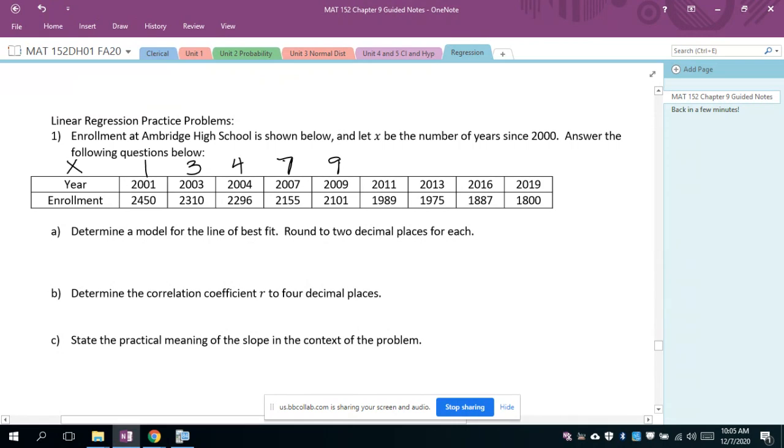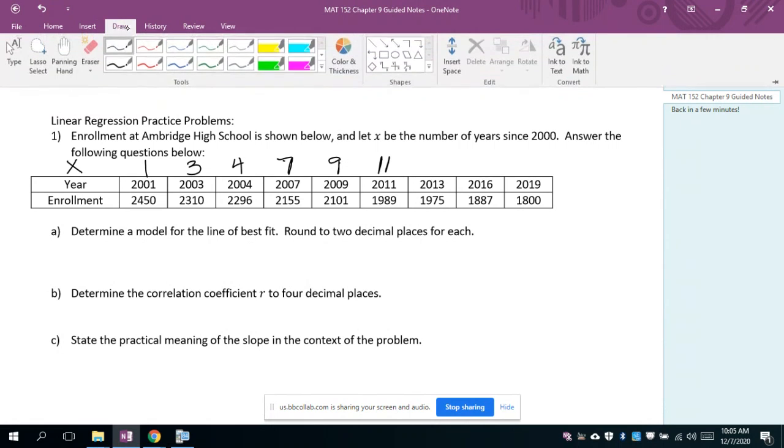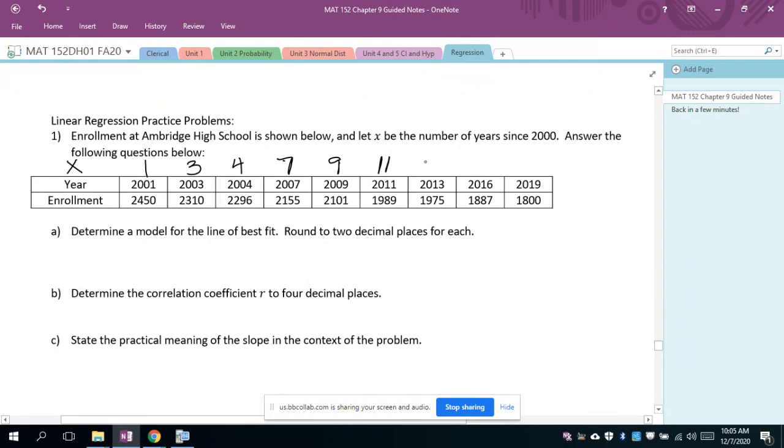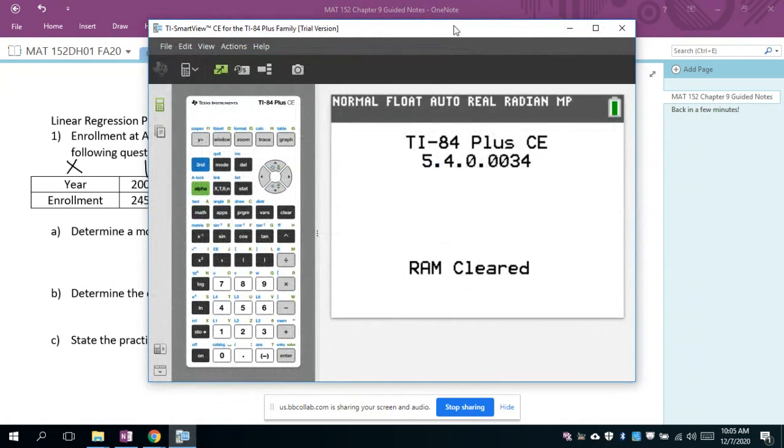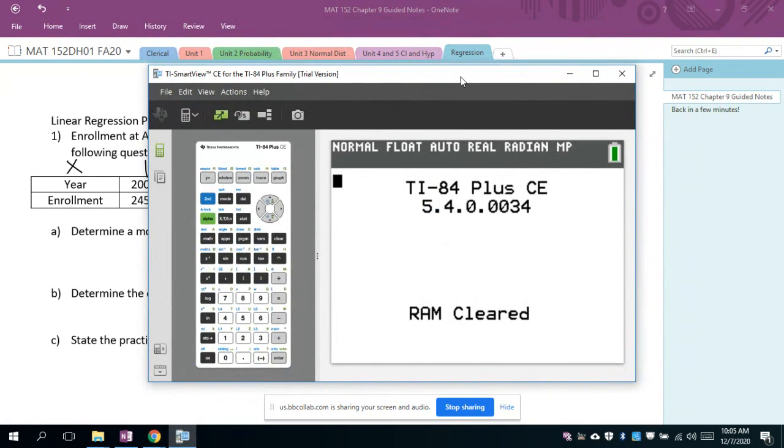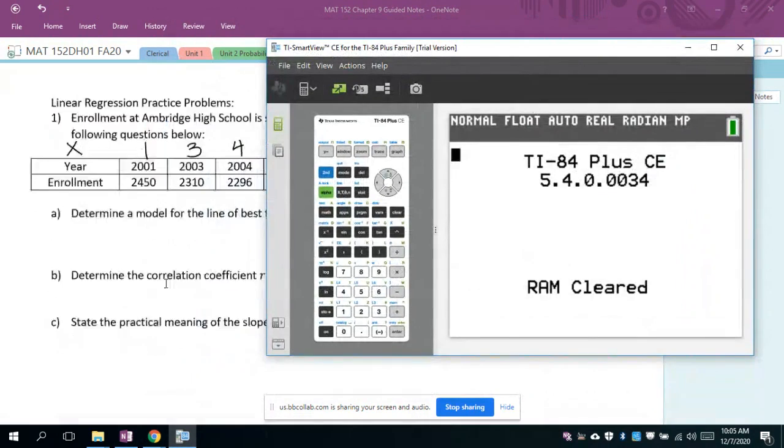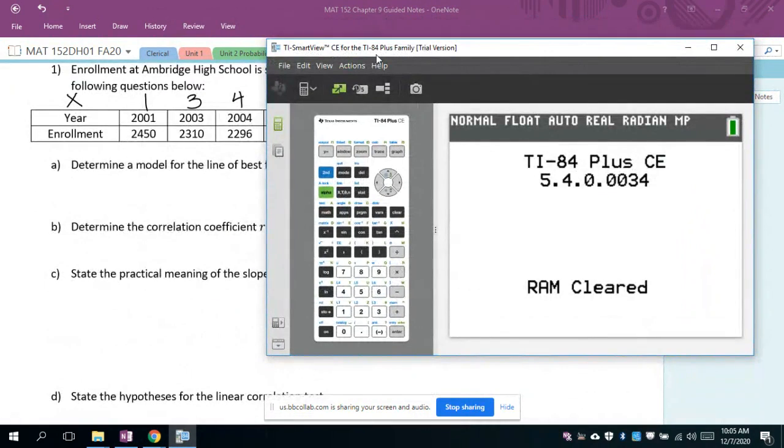9, 11. Let me get a thicker pen here. 13, 16, and 19. So what'll happen here is I'm going to put these into the calculator like so.